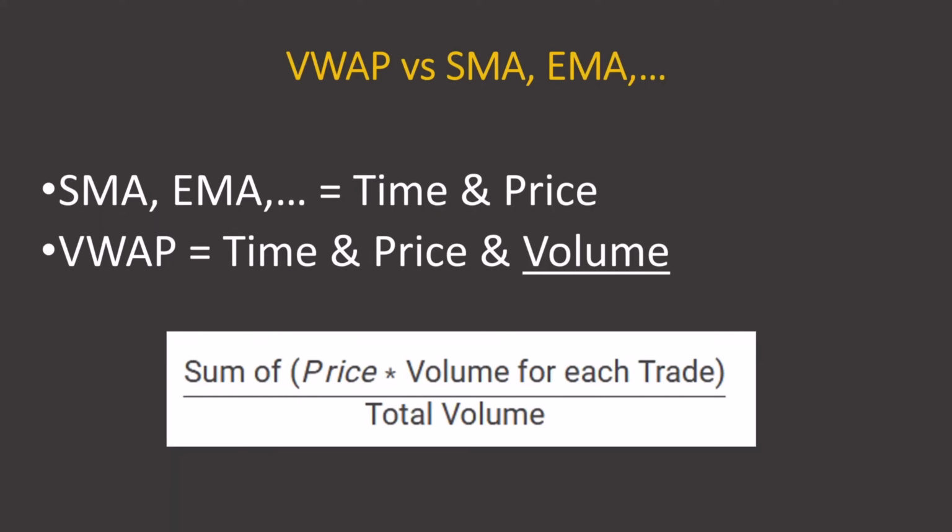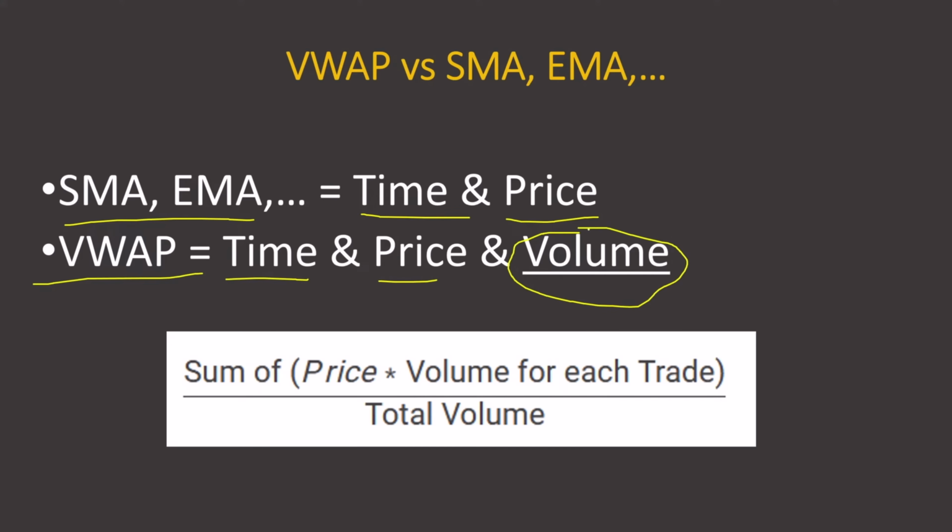Now, here is the difference between VWAP and standard average indicators, like, for example, the simple moving average or the exponential moving average. If you look at those and at their calculation, they only use time and price, right? But VWAP uses time, price, and volume.